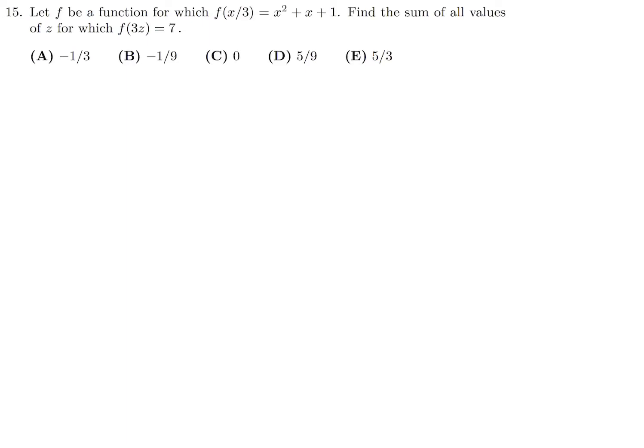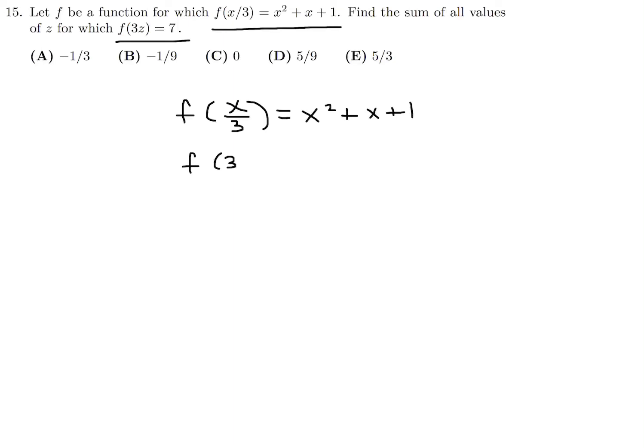Let f be the function for which f at x over 3 is equal to x squared plus x plus 1. Find the sum of all values of z for which f at 3z is equal to 7. So we've got f at x over 3 is equal to x squared plus x plus 1.